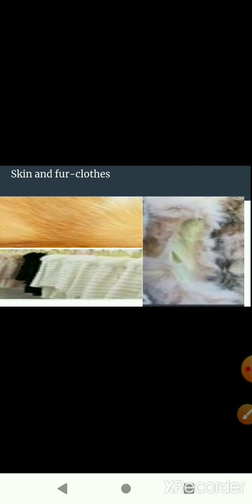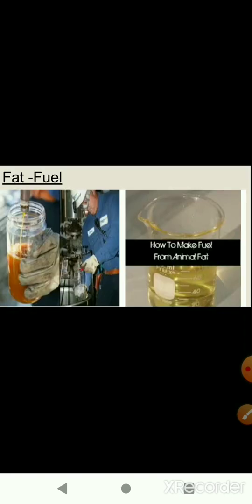They use the fat that comes from these animals as a fuel. So they hunt the animals, and use the skin, fur and even fat of the animals.